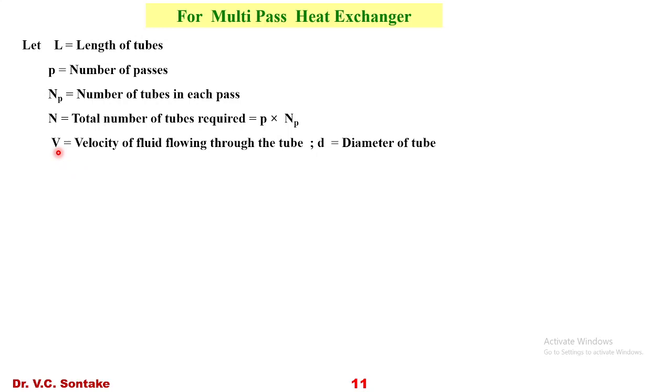Let V represent the velocity of fluid flowing through the tube. Small d represents the diameter of the tube. M dot tube represents the mass flow rate of fluid through one tube, and it is given by pi by 4 d square into V into rho.